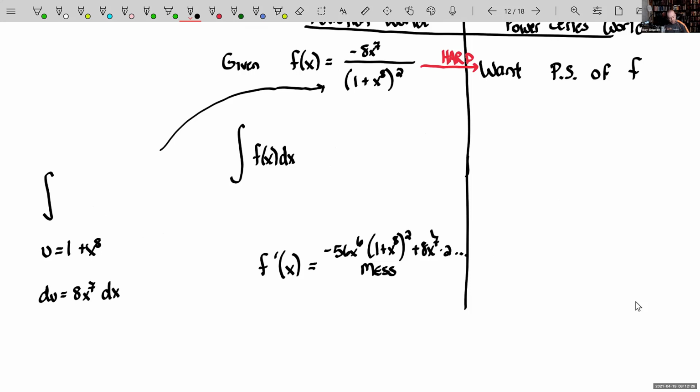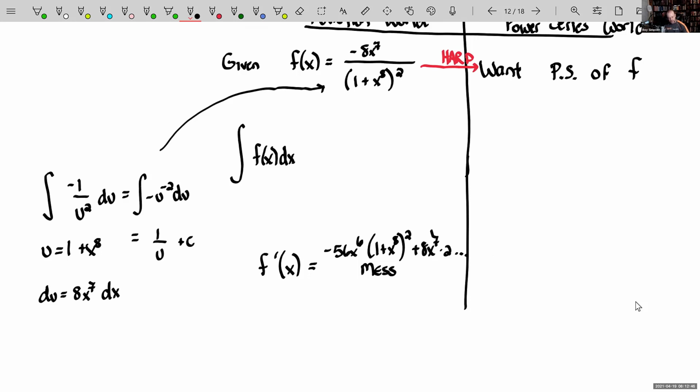Great. So this is going to be a negative 1 over u squared du. And that's going to be a negative u to the negative 2 du. You would add 1 to the exponent, divide by the new exponent. So there'll be a positive 1 over u plus c.